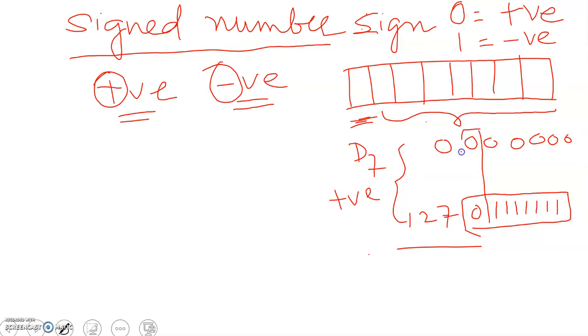You could see here that the most significant bit in all the cases from 0 to 127 will be 0, so all the numbers are positive numbers.